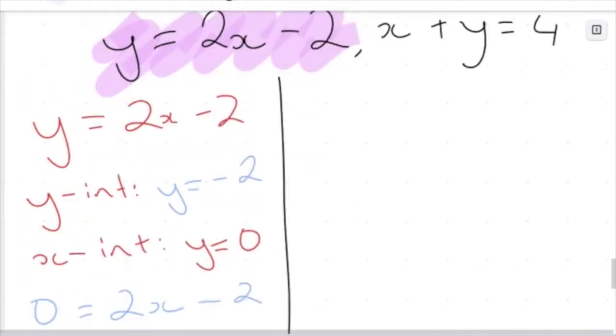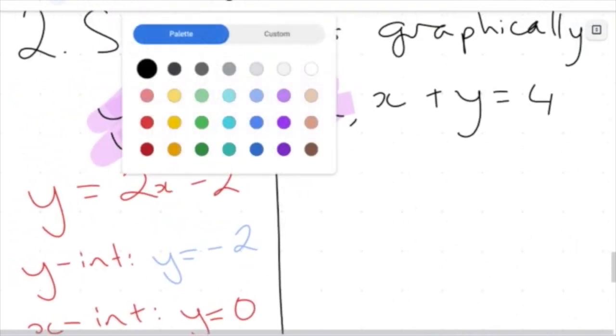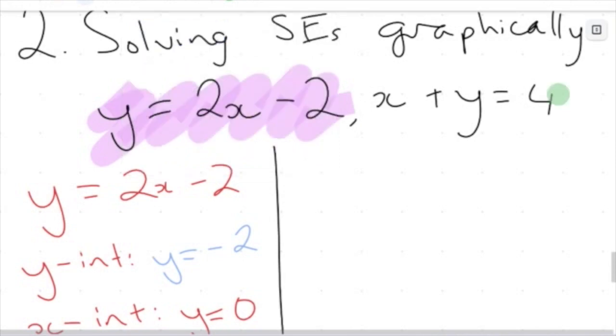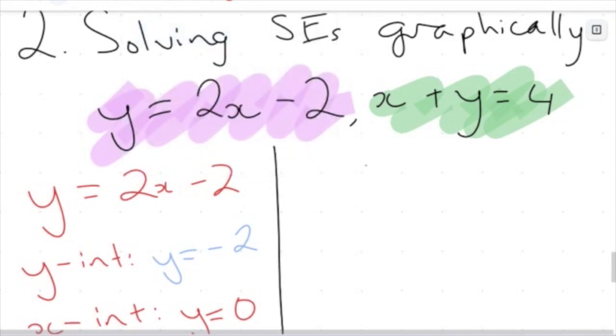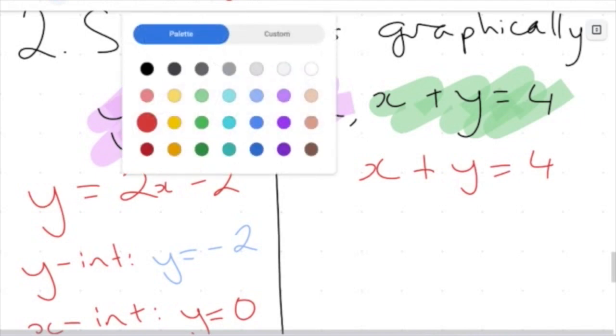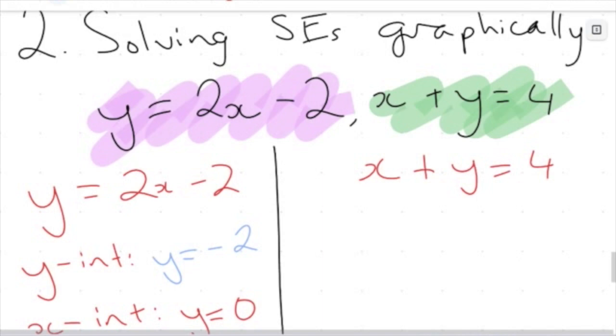Let's find it now for this equation here. I want to find my x and my y-intercept. Well, let's find my y first. So for this equation, x plus y equals 4, I'm going to find my y-intercept by setting x to equal 0.